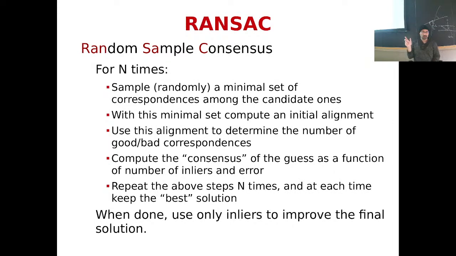Clear? Now, how many depends also on the problem, because you might have a 2D problem, a 3D problem, you might have a projective problem for which you need 8 points instead of 3, you know. It's a problem demand. What I'm explaining here is a concept. RANSAC is not an algorithm. It's a schema, no?